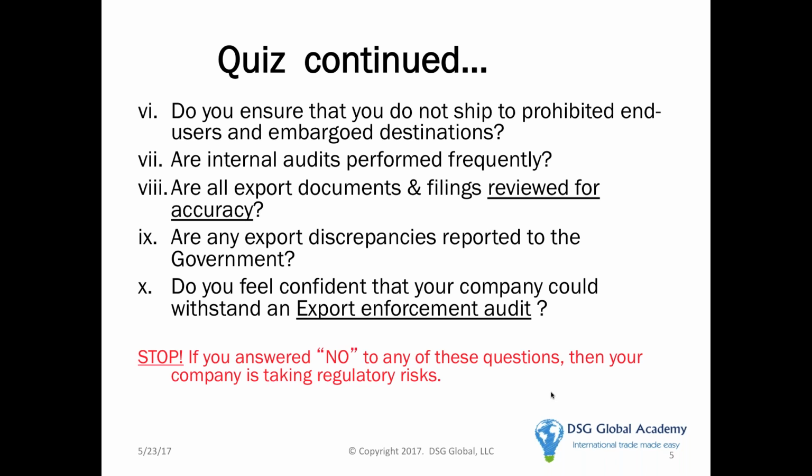Number six, how do you ensure that your products are not being shipped to prohibited destination countries and embargoed countries? I used to do audits, I still do, and once I asked a company, how do you explain your export process if you were shipping to England?